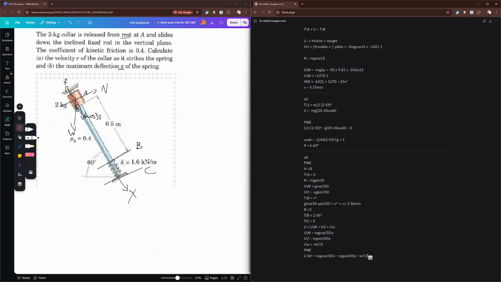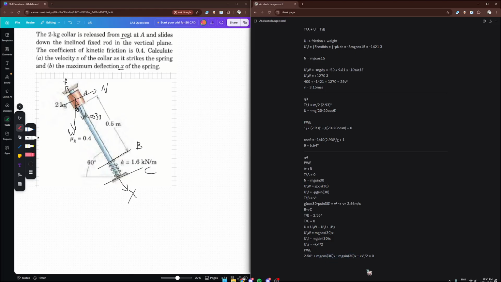So half m cancels because half times 2. And this is all equal to 0, right? So as you can see, mg cosine 30, mg sine 30, these are constants. So we'll have these two x terms that cancel out.